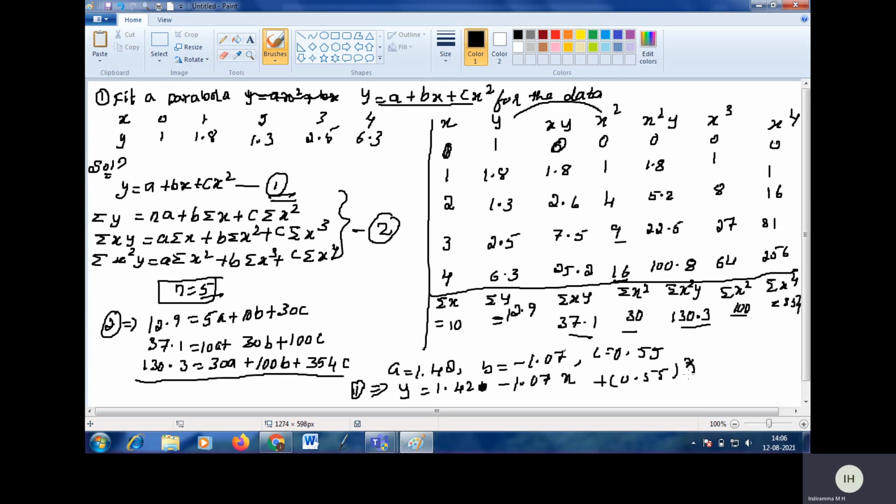This gives us the best fitting curve for the given data. You can check your answer by substituting the value of x. You may get exactly the value of y or a close value of y. If you get that, then you can conclude that your answer is correct. Clear? Okay, I will move to the next problem now.